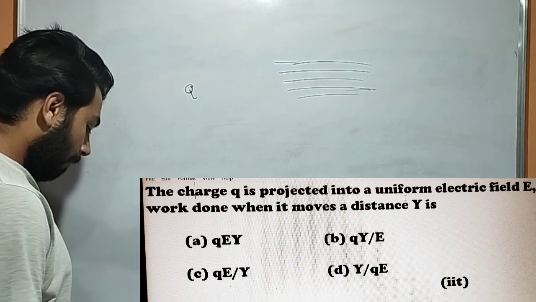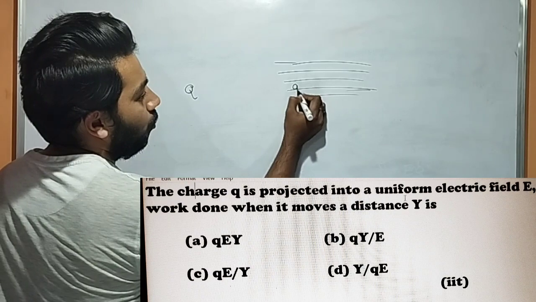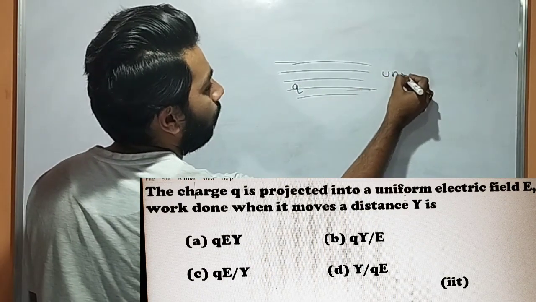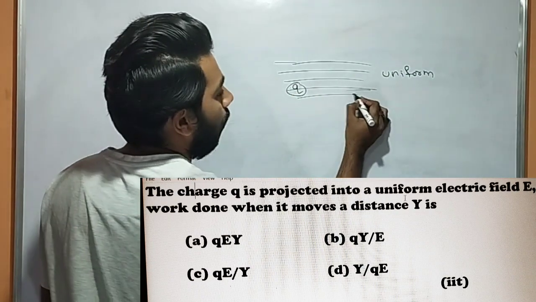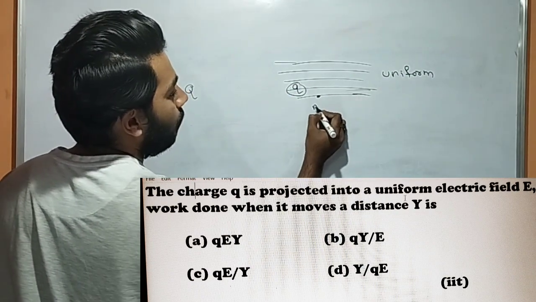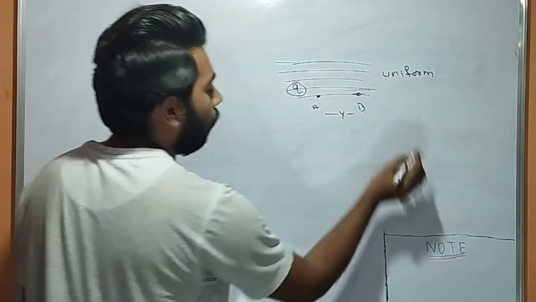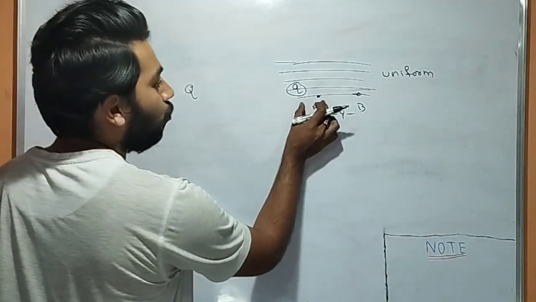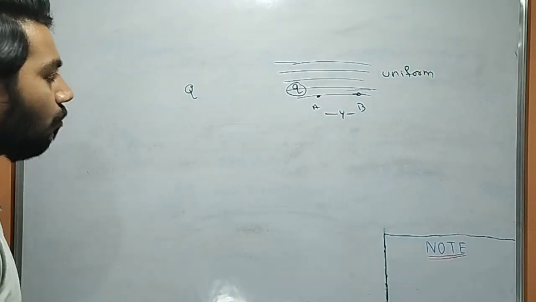Suppose you have projected a charge Q in a uniform electric field, and this charge is moved from this point to this point. This point, the distance is d. They have just asked for the work done to move this charge from this point to this point. Now, very easily you can calculate.